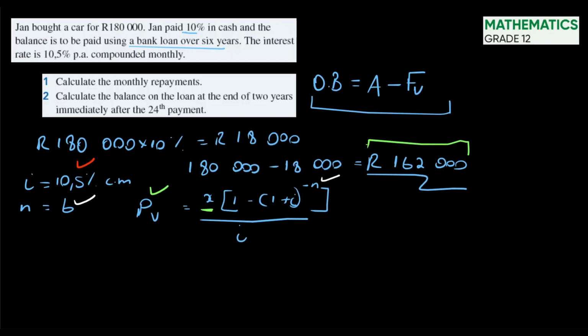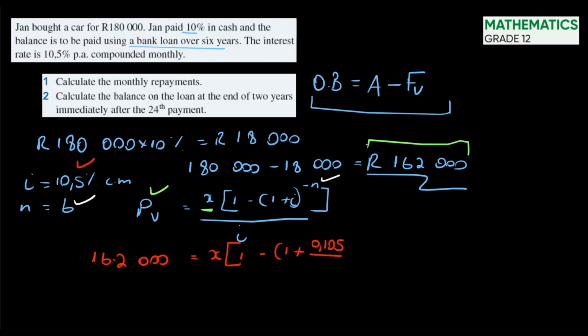And always remember that for interest, we're going to divide it by 100, and n, which is years, needs to be converted into months. So let's write down everything we have. We have 162,000 equals x, the one we're looking for, square brackets 1 minus (1 plus interest of 10.5% divided by 100, which will be 0.105).